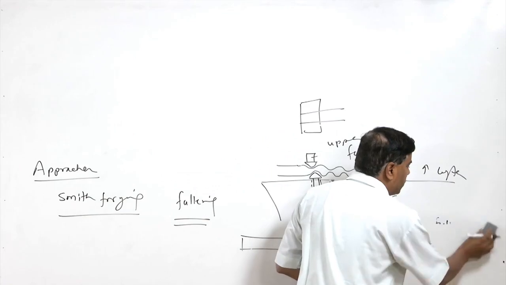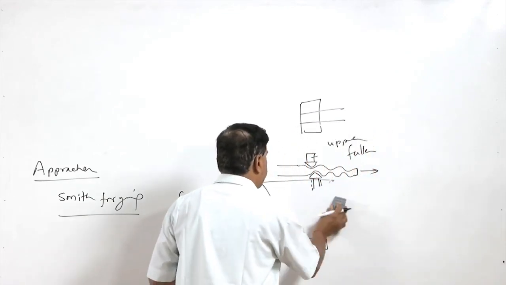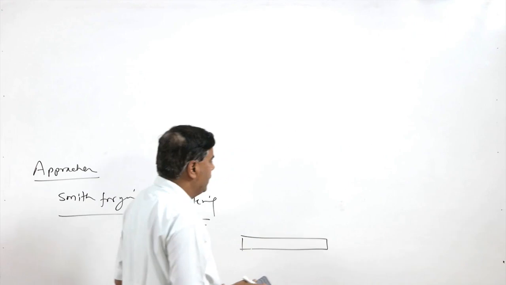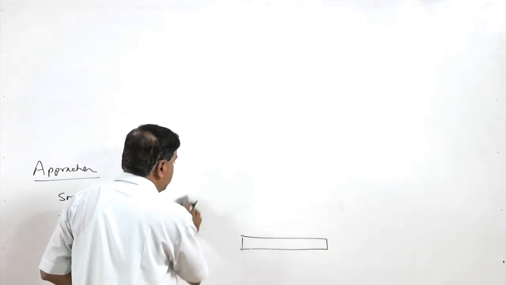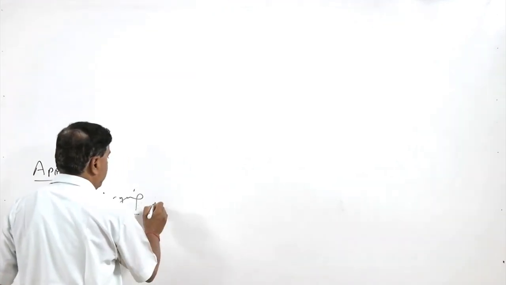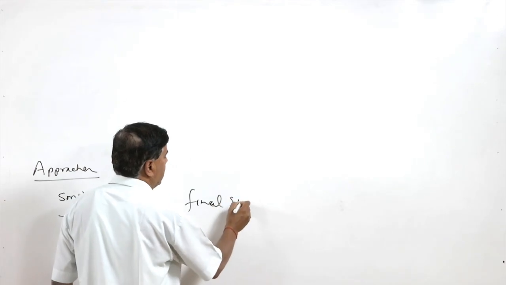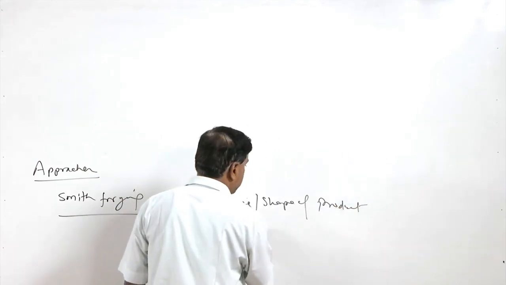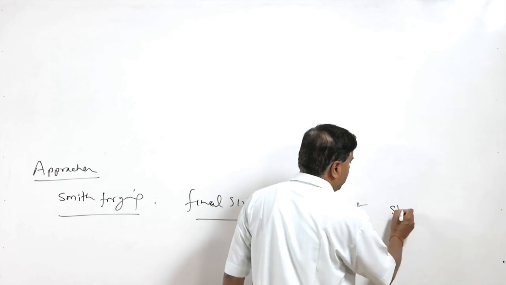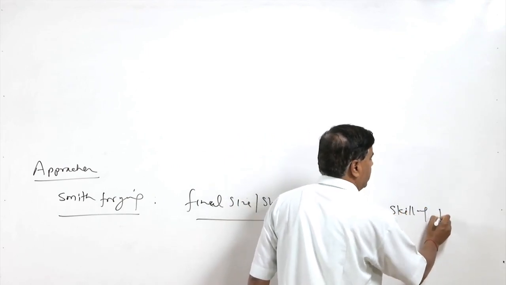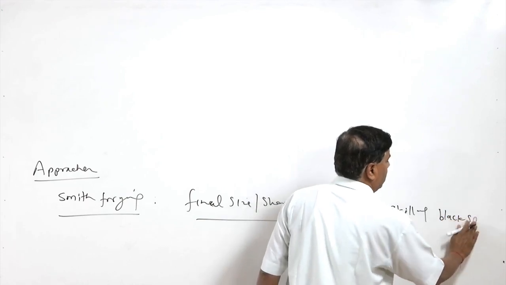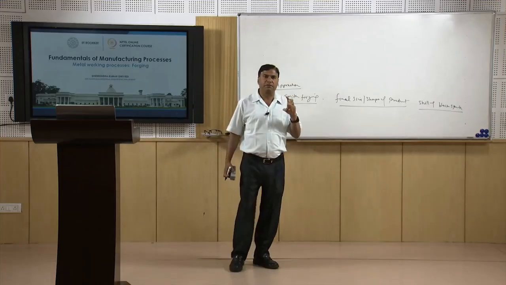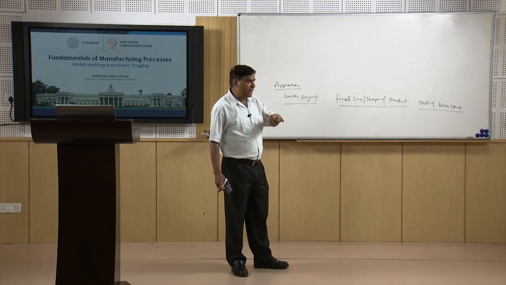If you see, the control of the flow of the metal due to the impact of the hammer is important, and that needs to be manipulated very carefully, and therefore the final size and the shape of the product which is obtained through blacksmithy largely depends upon the skill of the blacksmith, how carefully and how properly he manipulates the flow of the metal due to the continuous impact of the hammer.